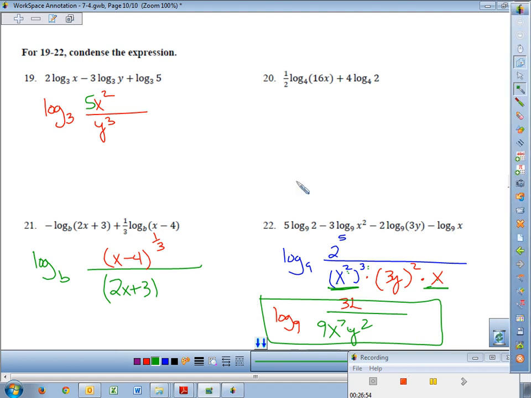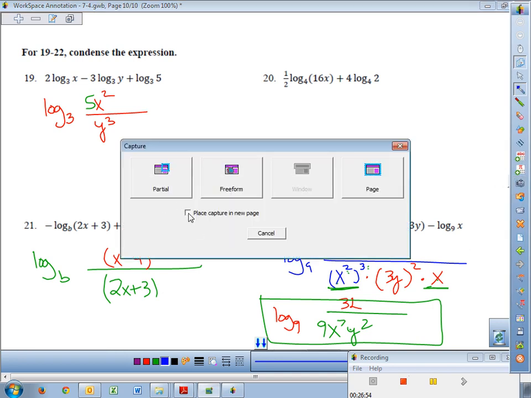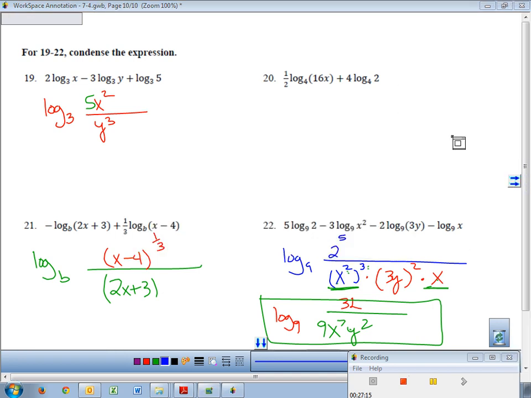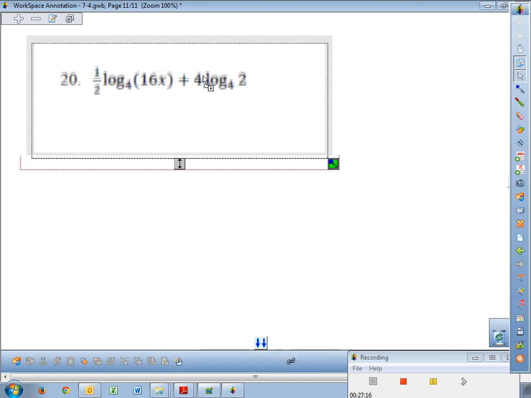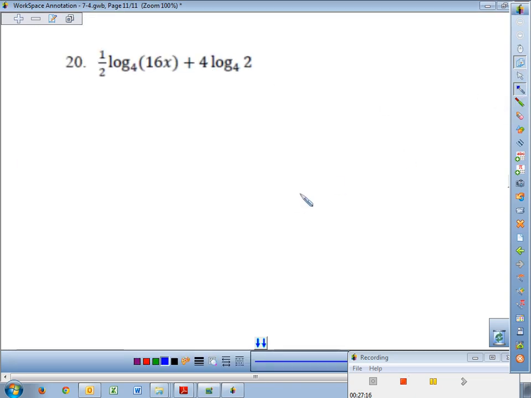Let's do 20. Three ways. That's why we skipped it, to show 3 different ways to do it. First, let's go in a new window so I have the room to do it 3 different ways. They want us to condense it down together, right? So, are they all log base 4s?